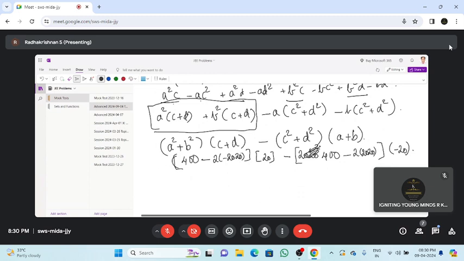Whenever this is 400 into 20. How can we write this? 400 plus 2 into 20, 40, minus.